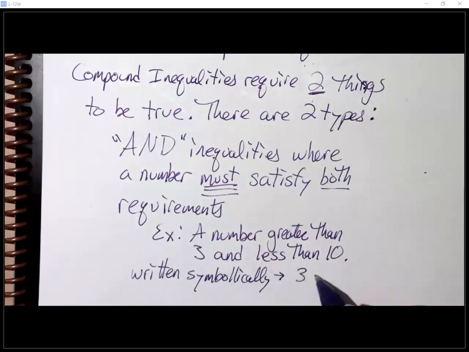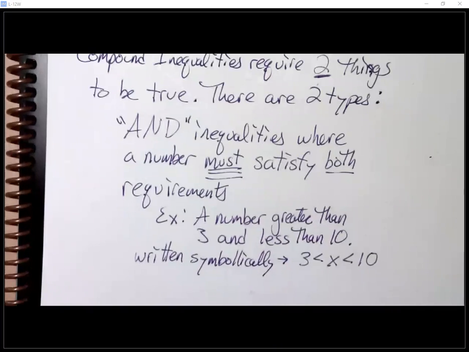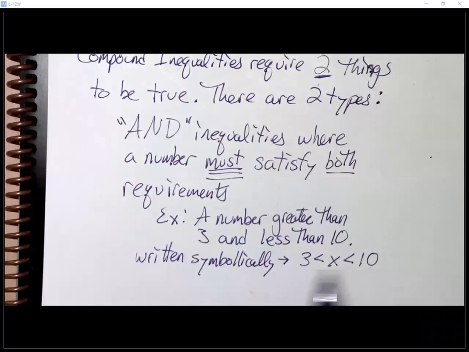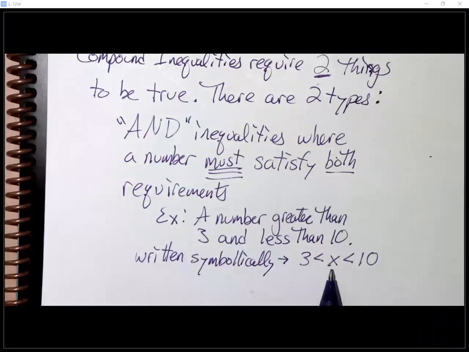And then I'm going to put the X in the middle. And then I'm going to put the 10 over here. This is a little weird to get used to, but once you do, it makes a lot of sense. It's kind of making this sandwich in between 3 and 10. I can have any of the numbers that are in between those two.